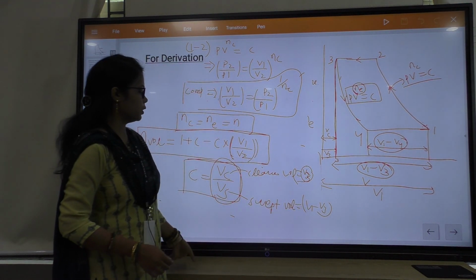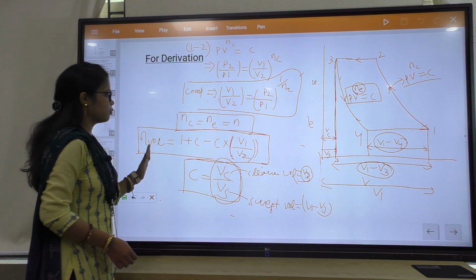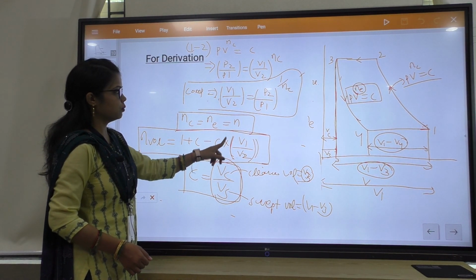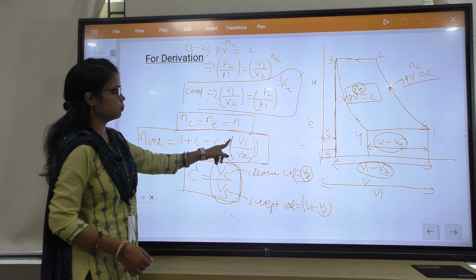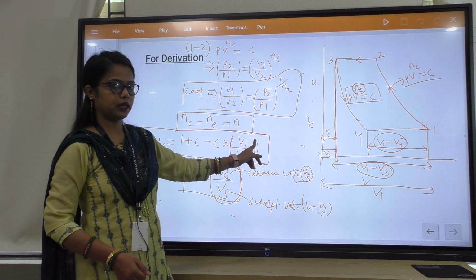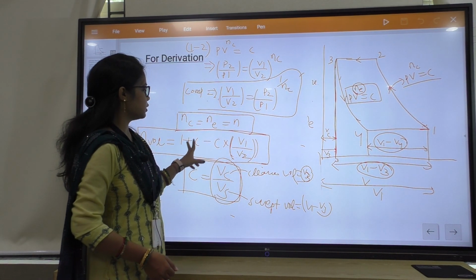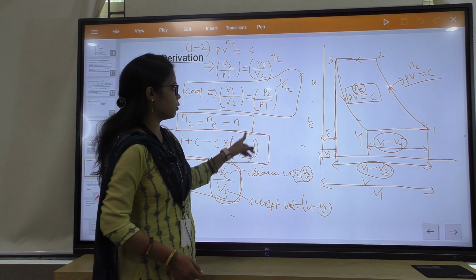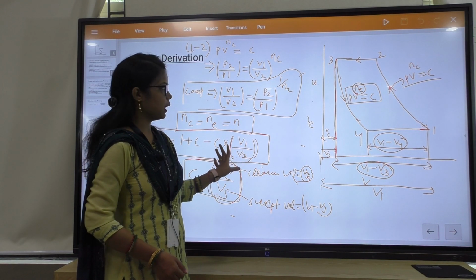The ratio of Vc and Vs is C, and the final formula for volumetric efficiency is 1 plus C minus C into V1 by V2, or 1 plus C minus C into P2 by P1 to the power 1 by Ne. Or if the index will be the same, 1 plus C minus C into P2 by P1 or P3 by P4 to the power 1 by N, or P2 by P1 to the power 1 by Nc.